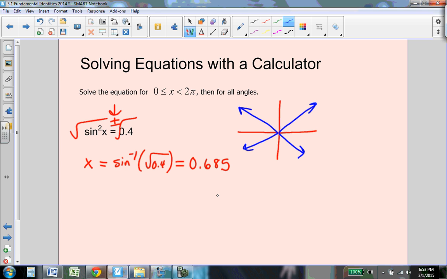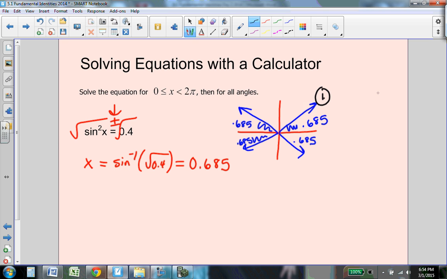Okay, so what we have here is the radian measure of 0.685 radians. This angle is also coming up here at 0.685, and here is 0.685 radians, and so is this. So we have 4 different angle measures that we need to talk about.